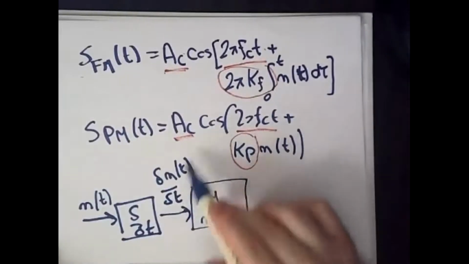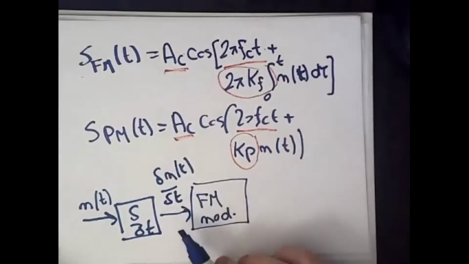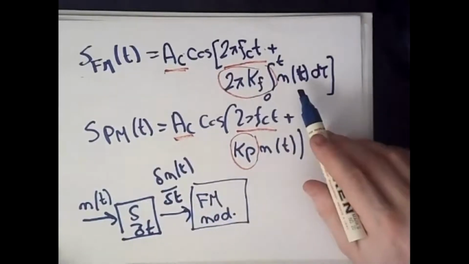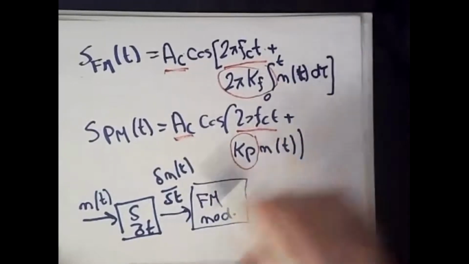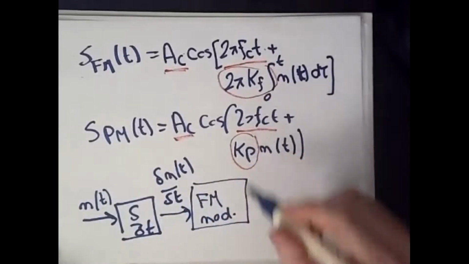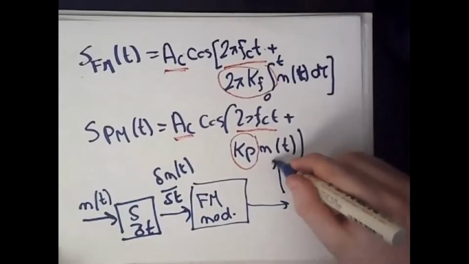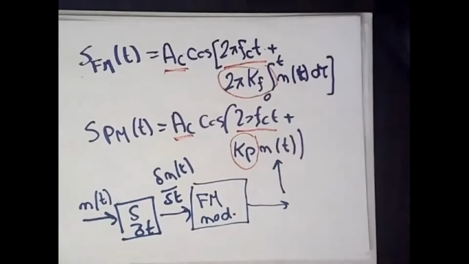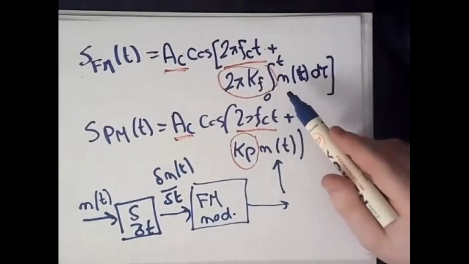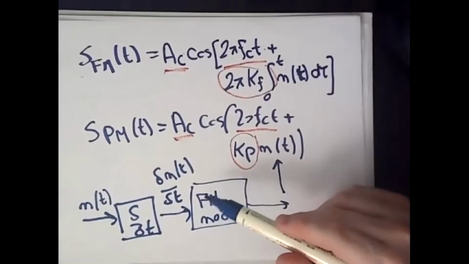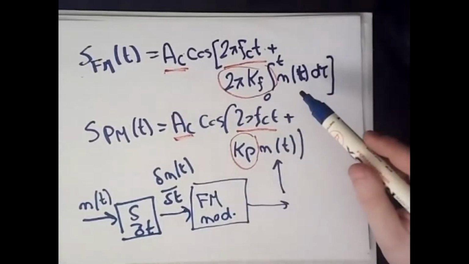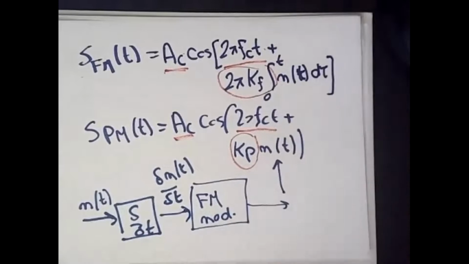Then, when this message enters the FM modulator, it will be integrated, and it's already differentiated. So the integrator and the differentiator will compensate each other. Because if you remove this m(t) and put dm(t)/dt, we will have again m(t), because the integrator and the differentiator are two opposite mathematical operators.